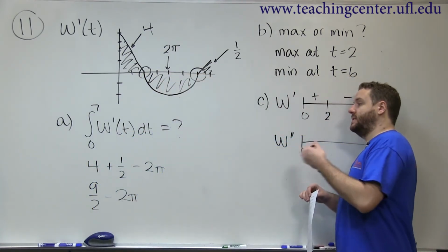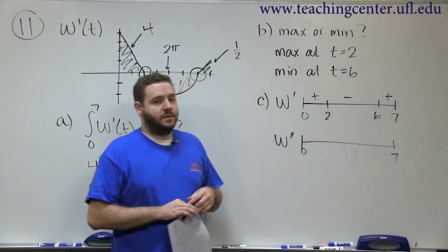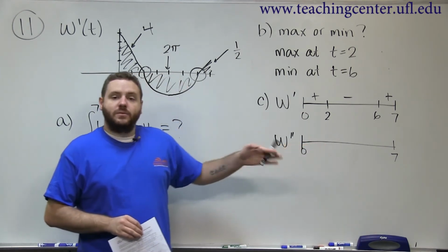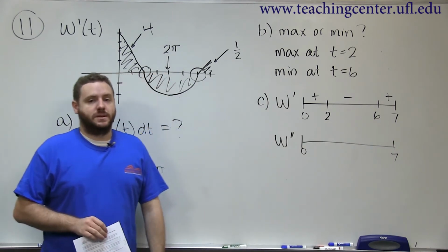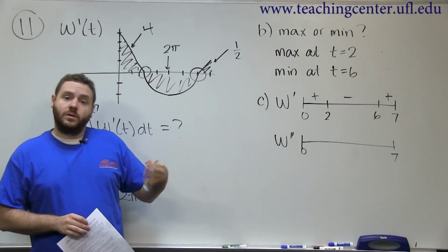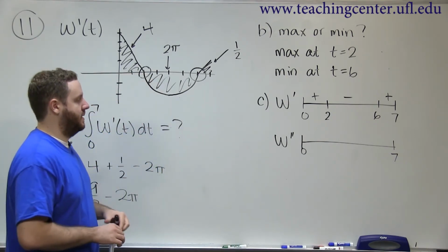Remember, if a function is increasing or decreasing, its derivative is then positive or negative. So if we want to know where the second derivative is positive or negative, we need to know where the first derivative is increasing or decreasing. Because if the first derivative is increasing, its derivative, the second derivative, would be positive. And same thing with decreasing and negative.